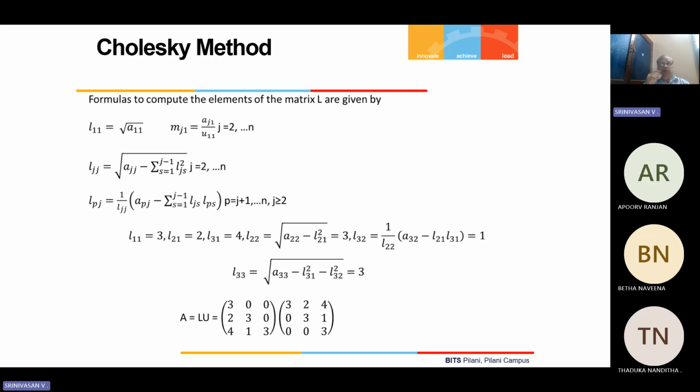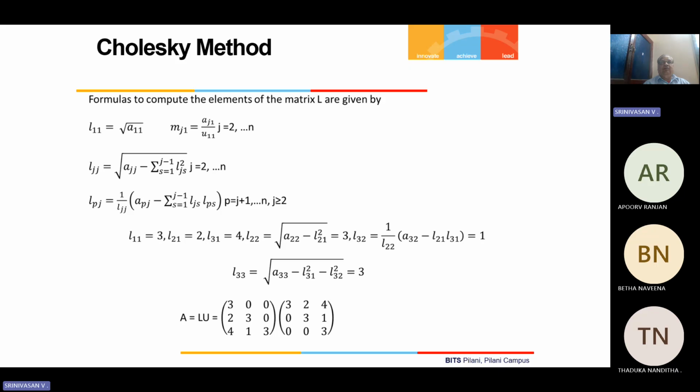Then L22. Now you go to principal diagonal elements. L22. It is root of A22. Just look at L22 is A22 minus LJS. That is J is 2. Okay. S starts from 1. So L21 square. That's all. You don't have any more summation because if you go for summation, you will have the extra 3.